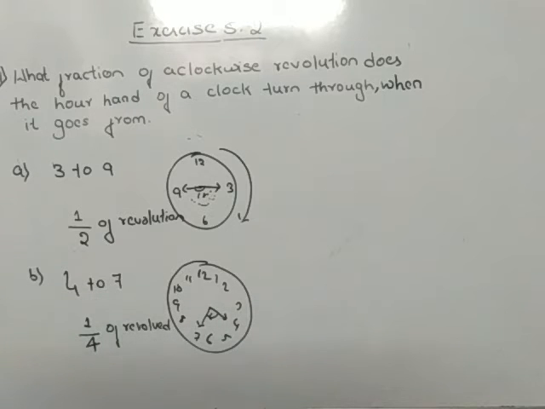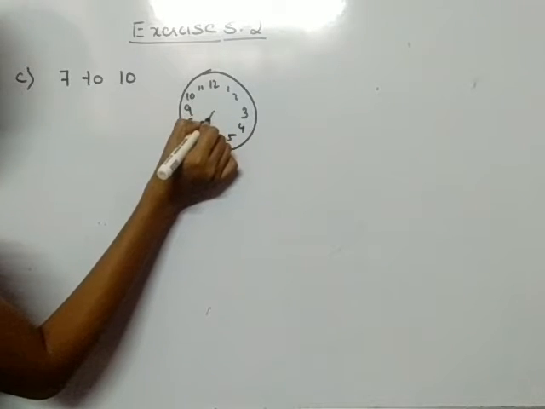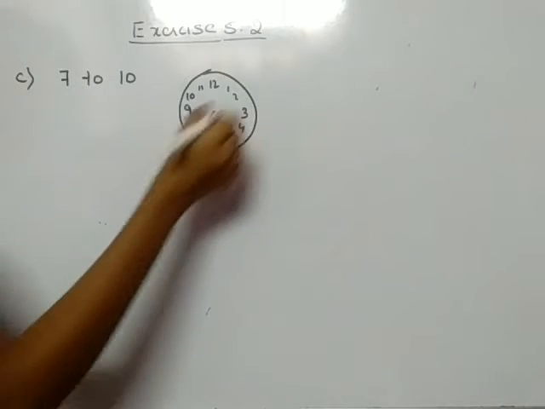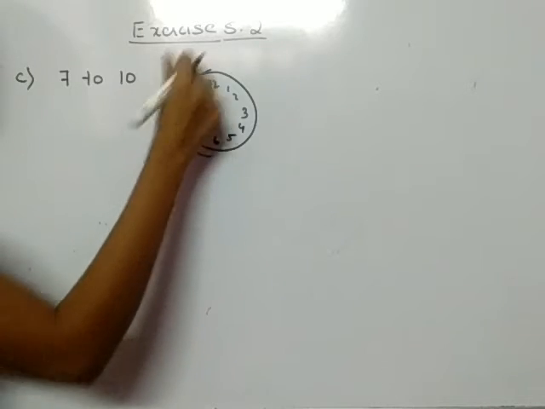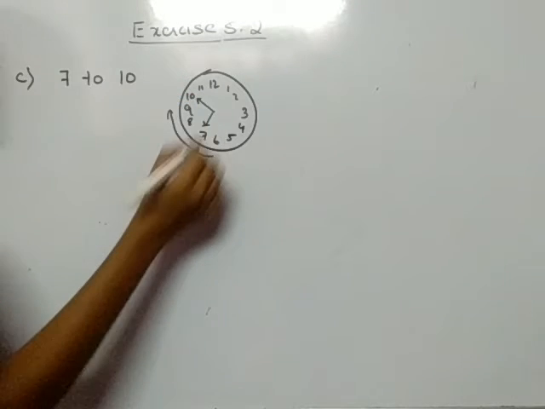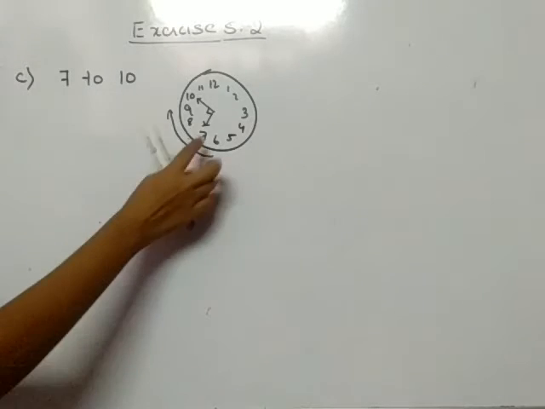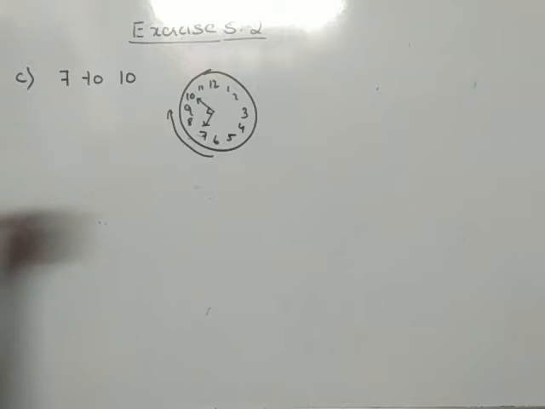We will go for the third one. Now third one. First the hour hand is facing towards the 7, right? After moving in a clockwise direction it is pointing towards the 10 now, right? Then it is making 90 degrees. This is similar to the second problem. Now to make one complete revolution we require 4 right angles.